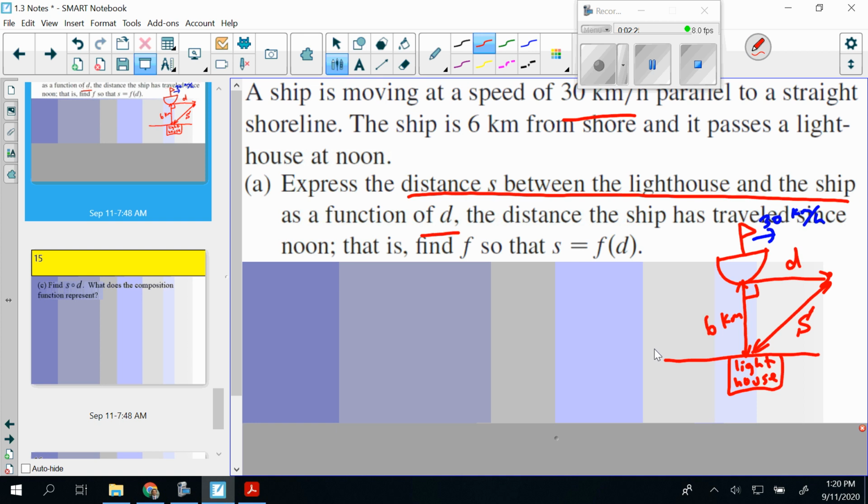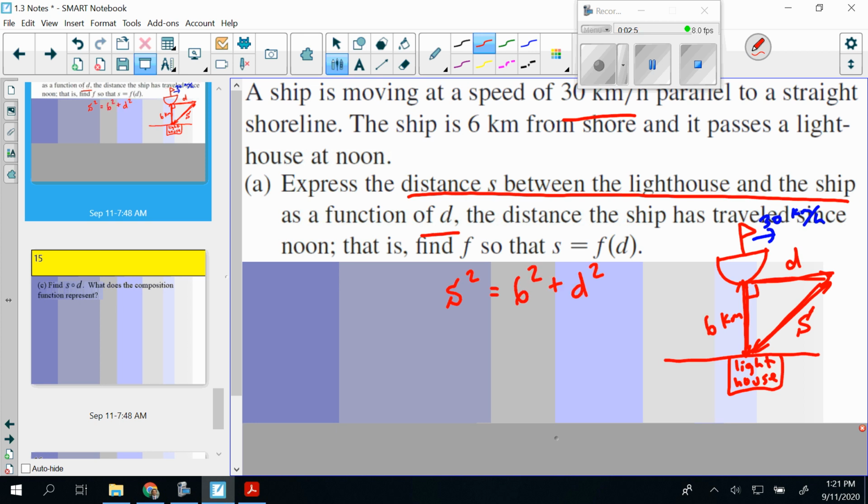So what we have to come up with is s here. What is that distance s? Well, looking at this, we've got a right triangle and we know all the sides, so we can use the Pythagorean theorem. We know that s squared, the hypotenuse, equals 6 squared plus d squared.